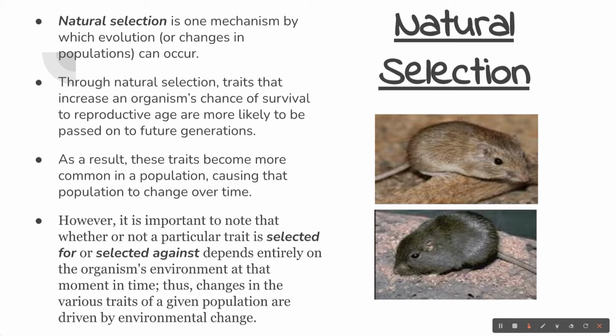So if this one trait is favorable and every animal wants this, and then someone decides to build a highway in the middle of their ecosystem. Now what do they do? They've lost half their environment.